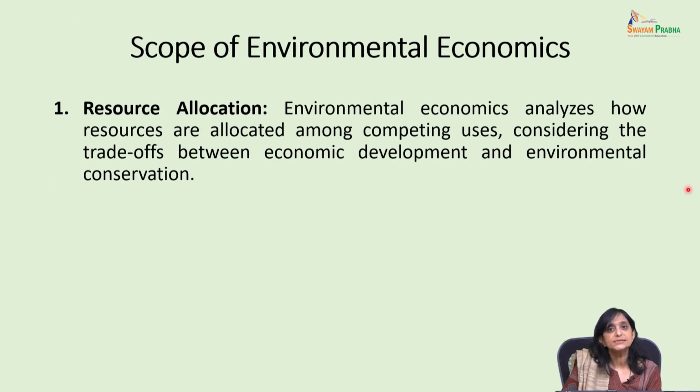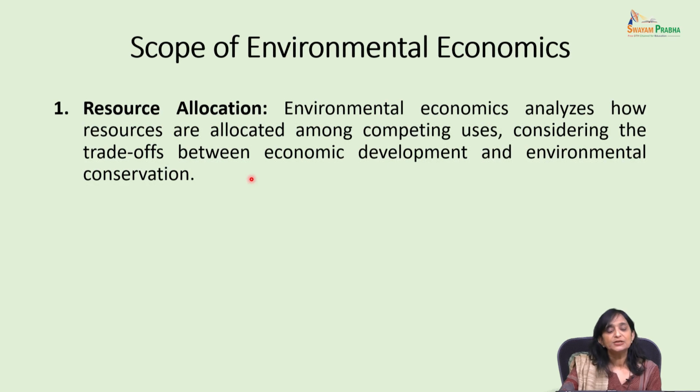Now, after understanding the nature, let us go to the scope of environmental economics. The first thing under the scope of environmental economics is resource allocation. That is, environmental economics analyzes how various resources are being used among competing users, considering that there is a trade-off between economic development and environmental conservation.